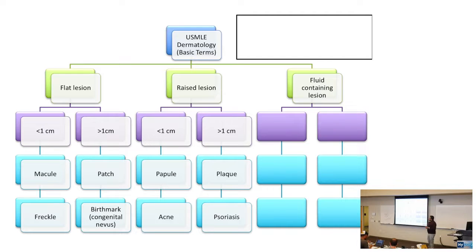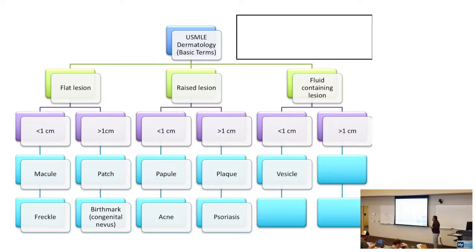The last category is fluid-containing lesion. A fluid-containing lesion that is small is going to be known as a vesicle. And that's related to chickenpox, shingles, any herpetic lesion on your USMLE. Think of this word vesicular. That's important for you to know. A big fluid-containing lesion greater than 1 centimeter, that's called a bullae.